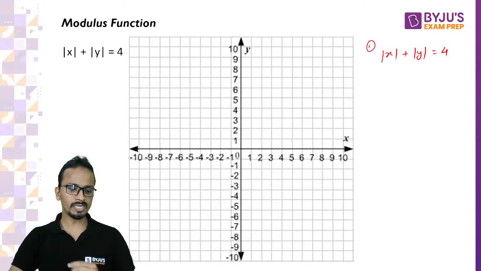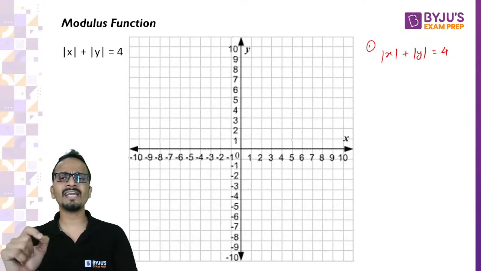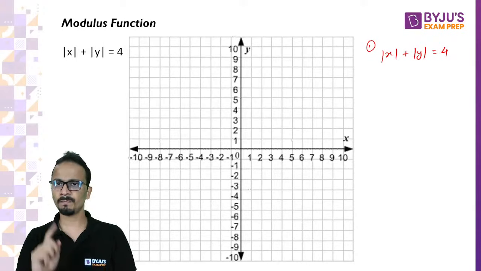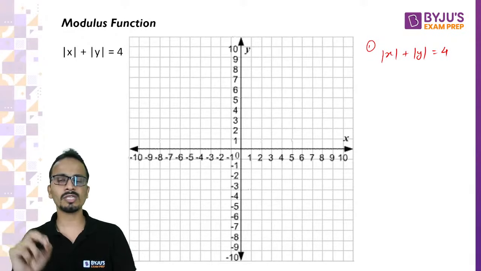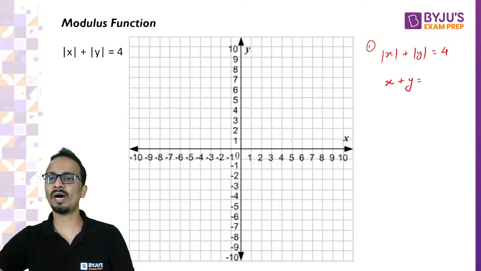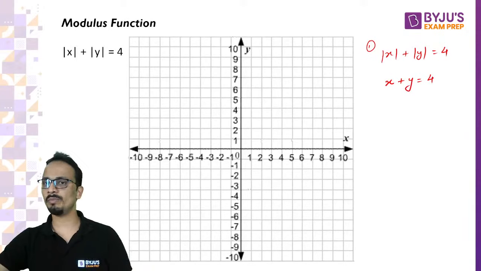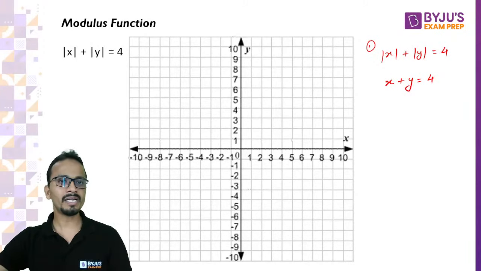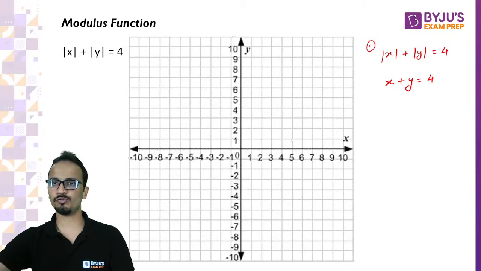In the first quadrant, since both x and y are positive, modulus x will be x and modulus y will be y, and the right hand side will be 4 as it is. So in quadrant number 1, this equation will become x plus y equal to 4.